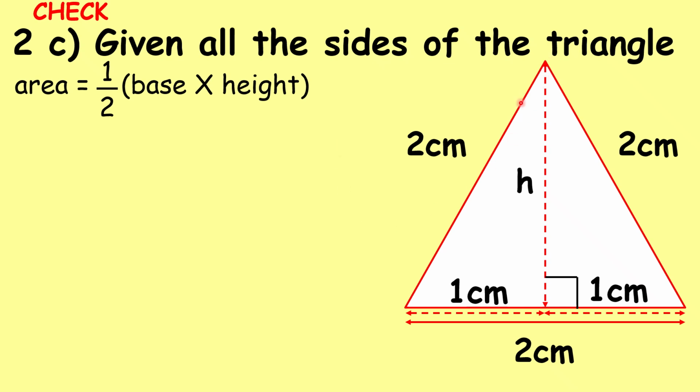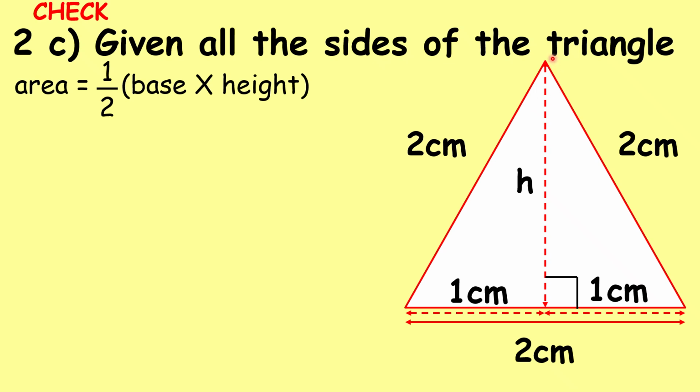We know the dimensions are 2 by 2 by 2. That is, the length here is 2 centimeters, the base here is 2 centimeters, and the other length here is 2 centimeters. In this equation, we know our base, but we need to calculate the height.